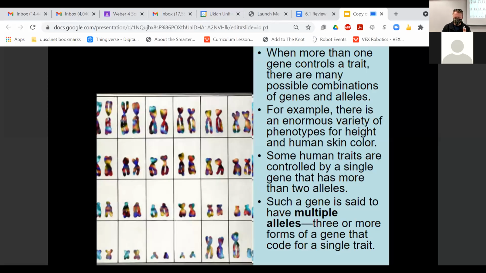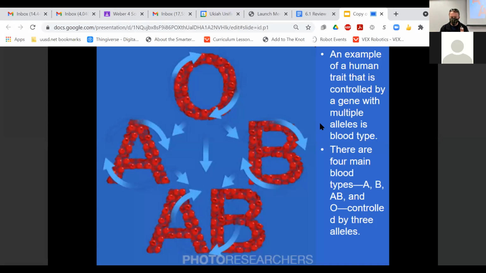Okay, so here's another example. We all know that humans have various different types of blood types, right? So human blood type is controlled by genes with multiple alleles.